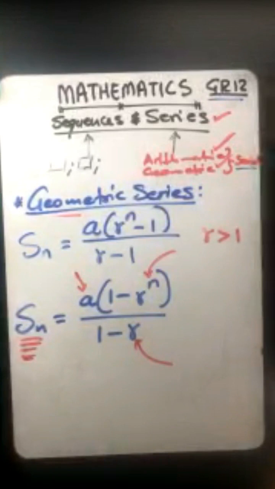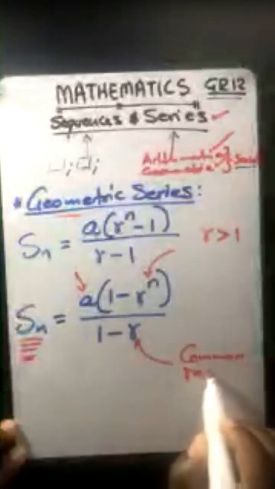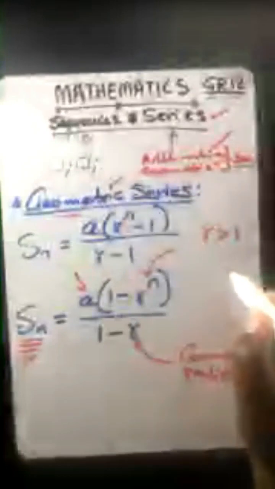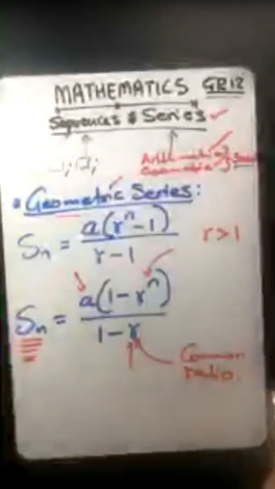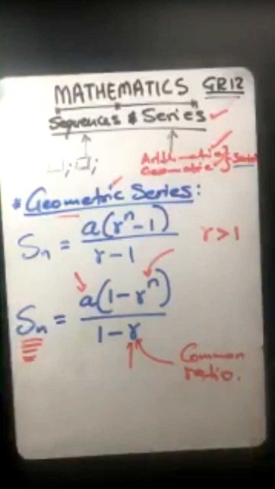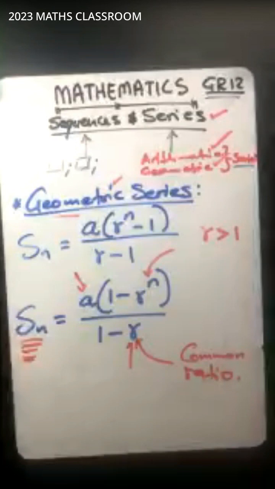We don't say r is ratio, but we call it common ratio, because we know that under geometric series, the r is constant or the r is common. So let's respect r and refer to it as common ratio.